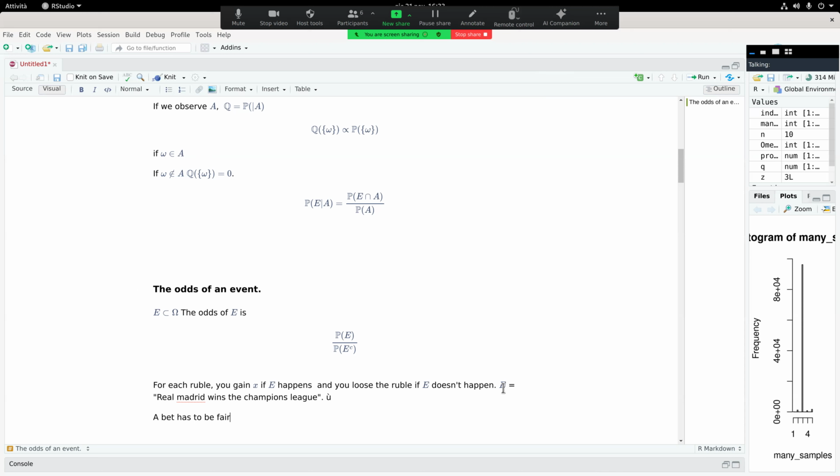Actually, it is not, because the one who assigns the bets always wins. But in principle, it has to be fair, meaning that the expected value, the expected return, has to be zero. What is the expected return? Well, it is this quantity.